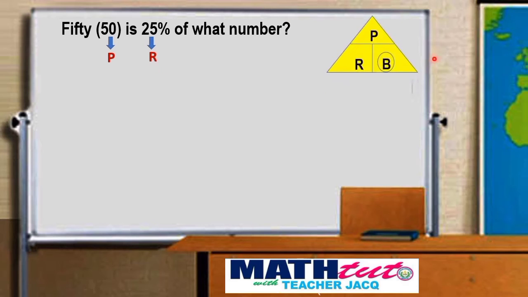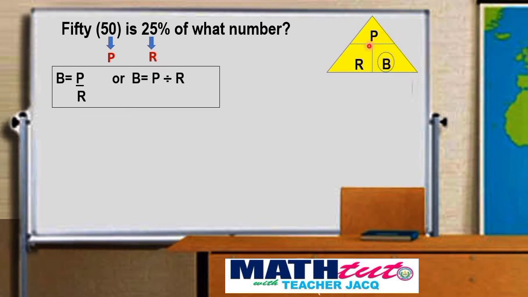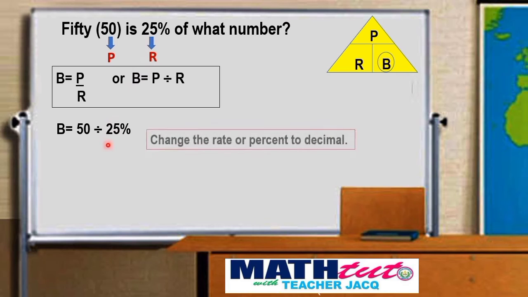So, let's look at the magic triangle. Base is missing. So, our formula is B is equal to P divided by R. Let's substitute. B is equal to our P, which is 50, divided by our R, which is 25%.